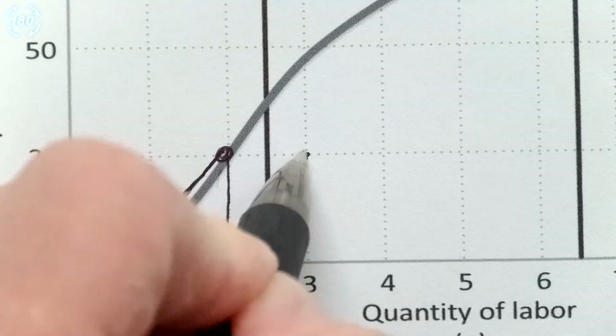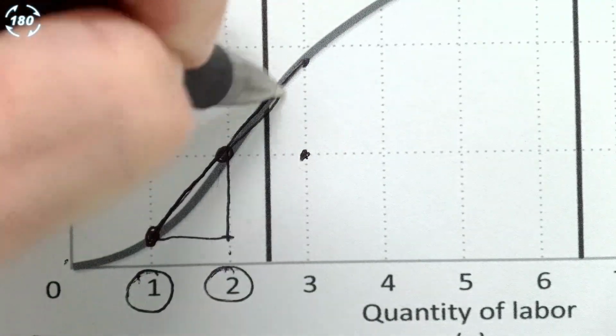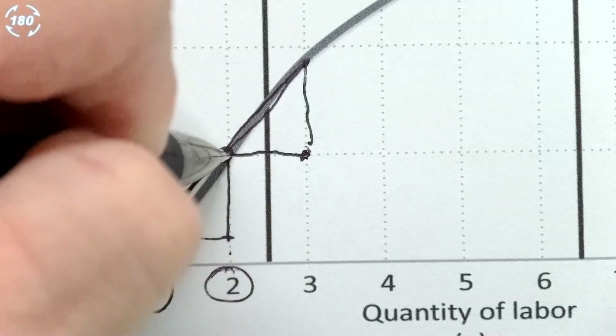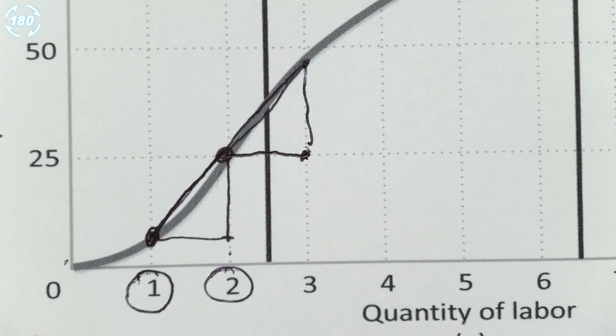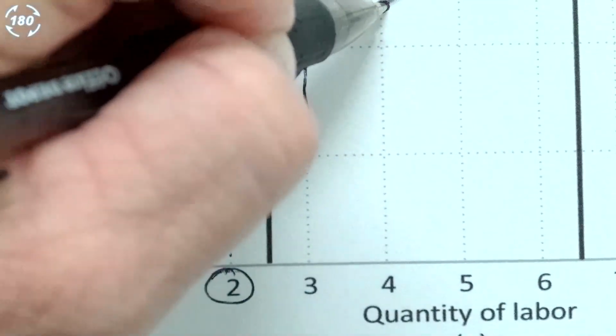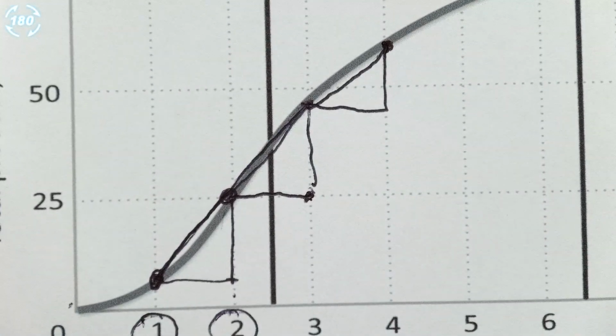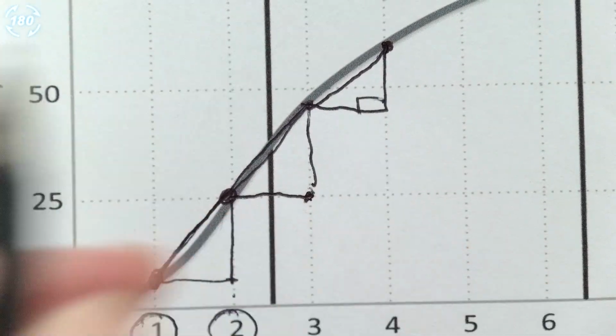For the third worker, it would be the slope of this line. It's a different kind of secant line. And so forth. For the fourth worker, it would be the slope of this line. Okay, I've just completed a right triangle. But at any rate, what is the slope?